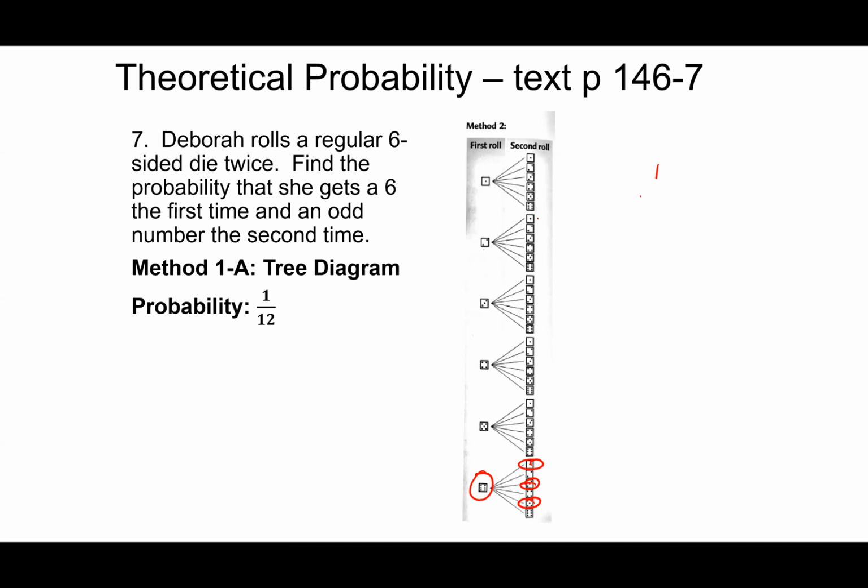My first roll, there's a possibility there in 1 out of 6 times she's going to roll 6, right? But the second roll, we want to know the probability that she's going to roll an odd number the second time. Out of 6 possibilities, how many are odd? Gabby? 3. So on that second roll, it's 3 out of 6. So it's 1/6 times 1/2, you guys.